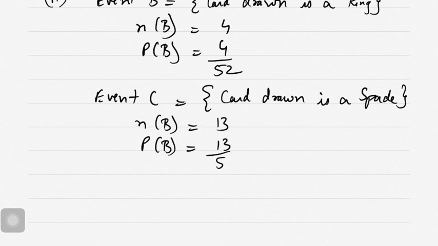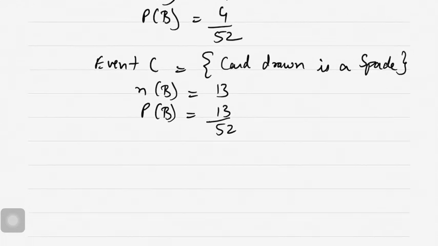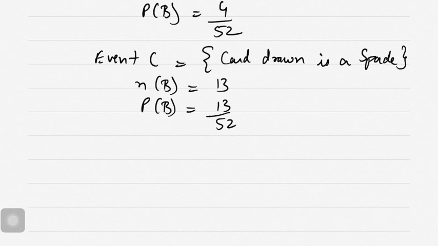So P of C will be 13 by 52. Correct? Now intersection. So n of, oh sorry, just a second, I have made a mistake. This is not B, this is C.